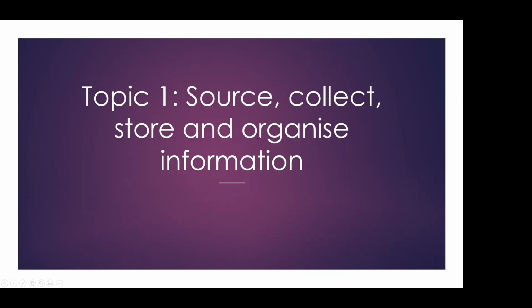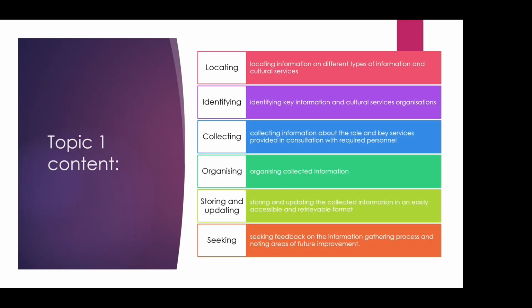Topic one, source, collect, store, and organize information. The different parts of this section include all these different verbs, all these different actions. We're going to locate different information on these cultural services. We're going to identify the key information about them.